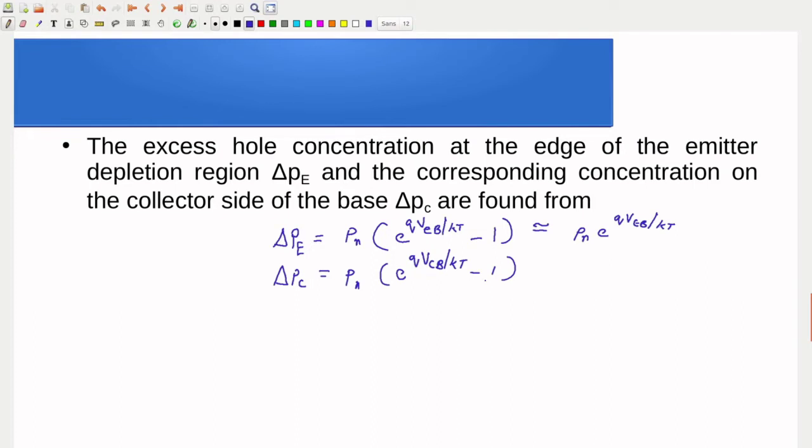Similarly, delta PC can be approximately equated to, if the collector junction is strongly reverse biased, minus Pn, neglecting this term.